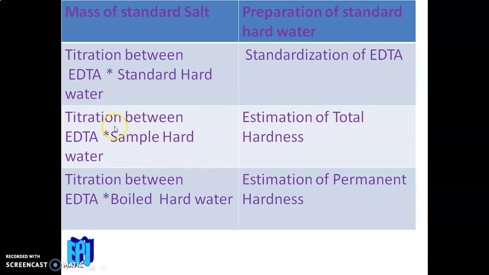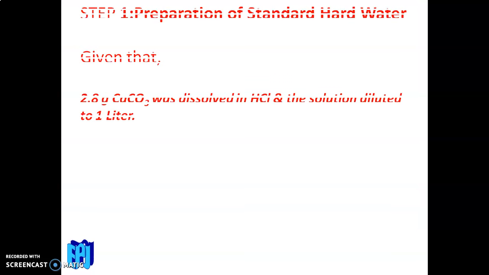The information from the titration between EDTA versus sample hard water, we can use for the estimation of total hardness. Then the information from the titration between EDTA versus boiled hard water, we are using for estimation of permanent hardness. So let us discuss each step.